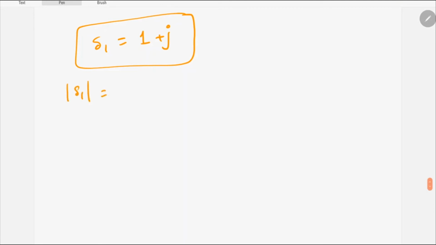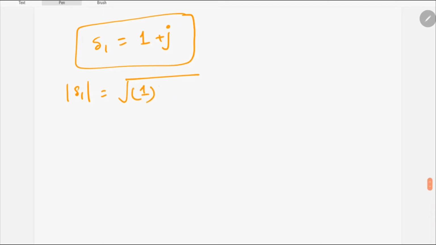So we had a pole S1, let's say we just take this one, and S1 is equal to 1 plus j. If I take the magnitude of this, you know how to take magnitudes.